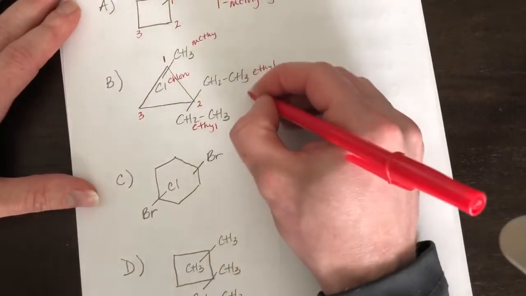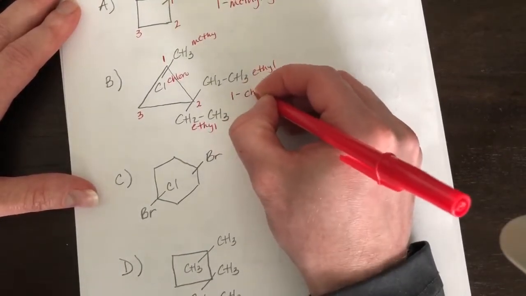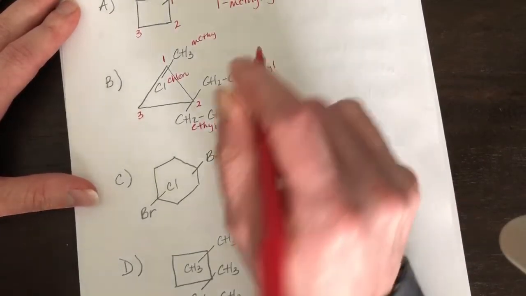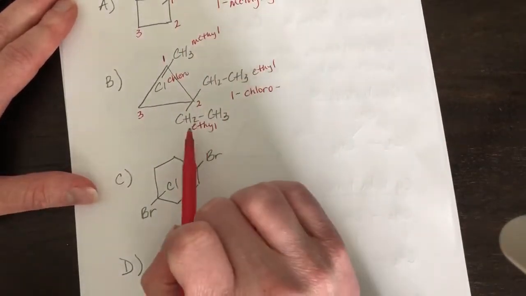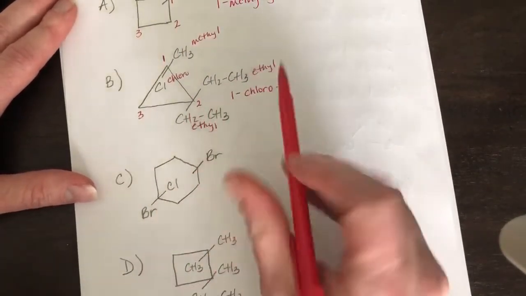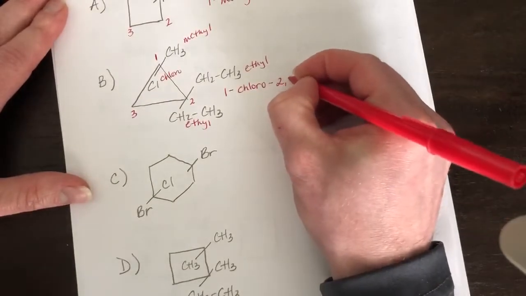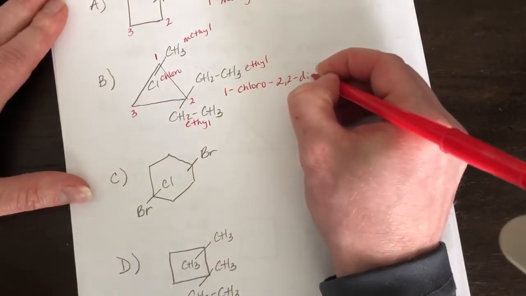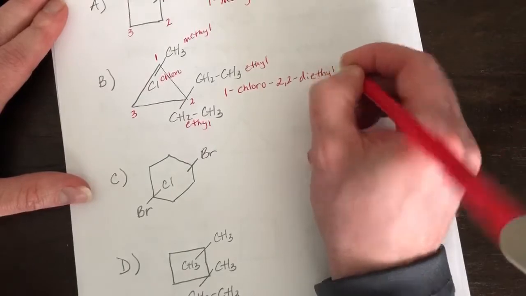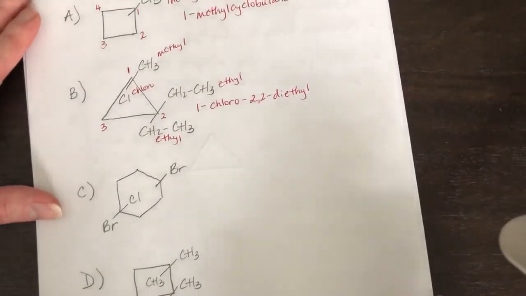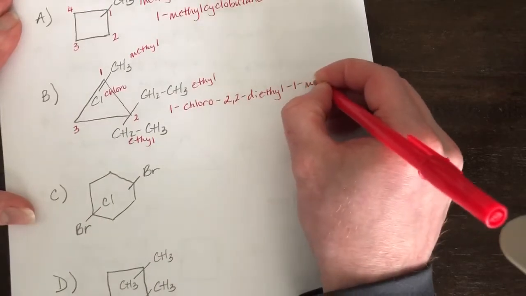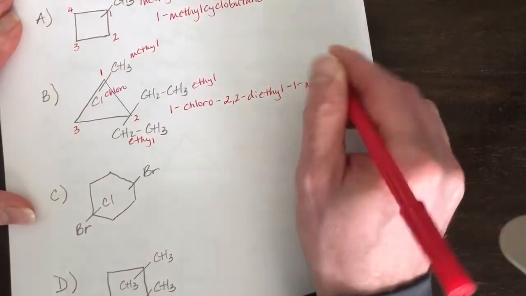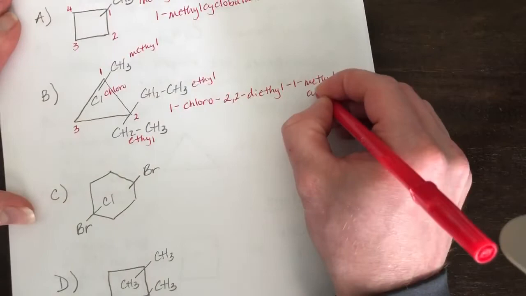So this is going to be 1 chloro. Ethyl comes next in alphabetical order, so it's going to be 2, 2 diethyl. And then we have to do it with our methyl, so it's 1 methyl. And this is going to be a cyclopropane.